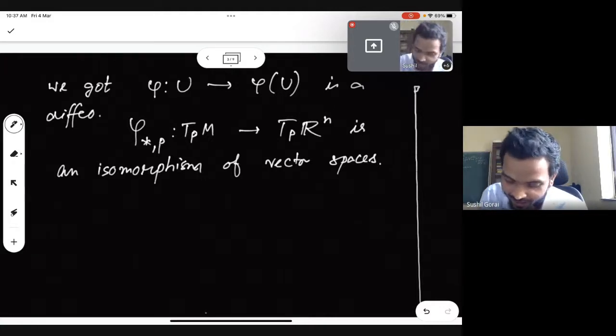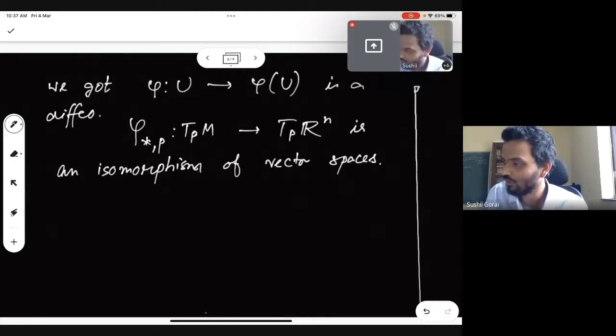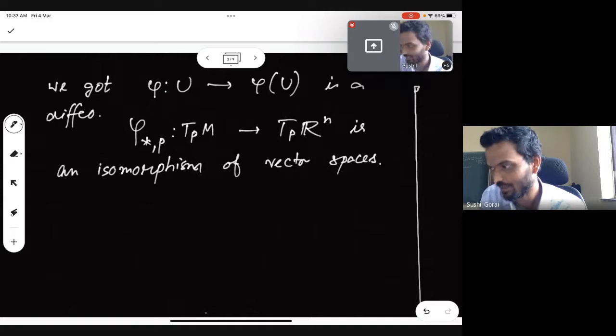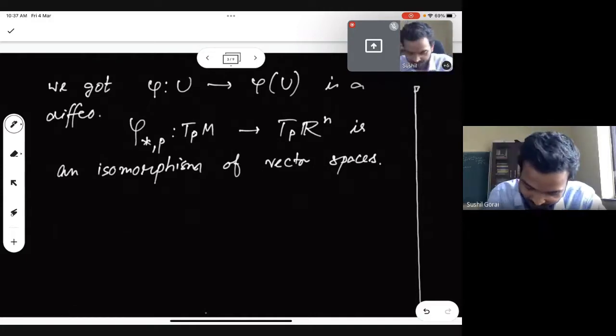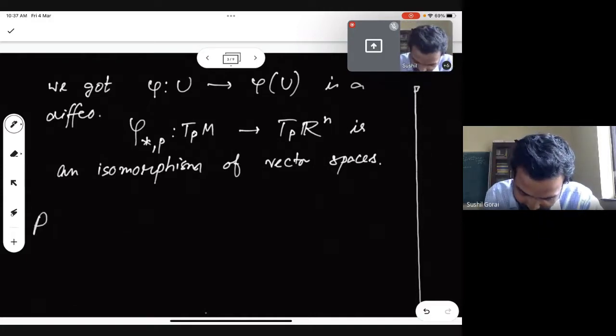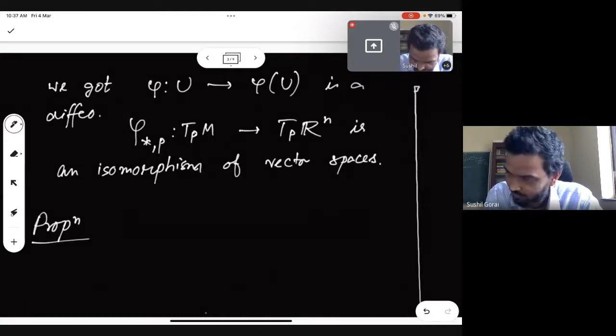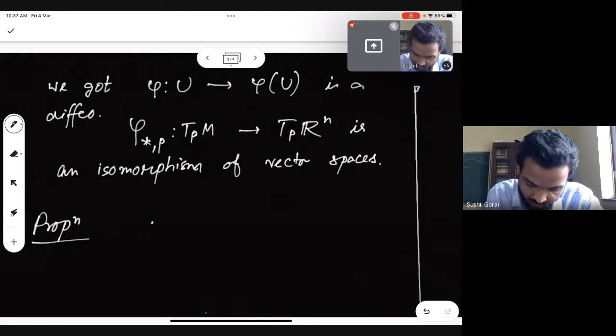Now what is that? So what is phi star at P of del by del xi at P, right? So let me write it as a proposition.